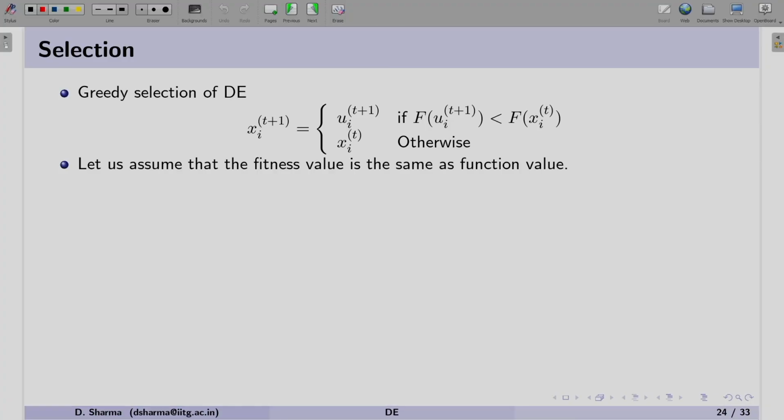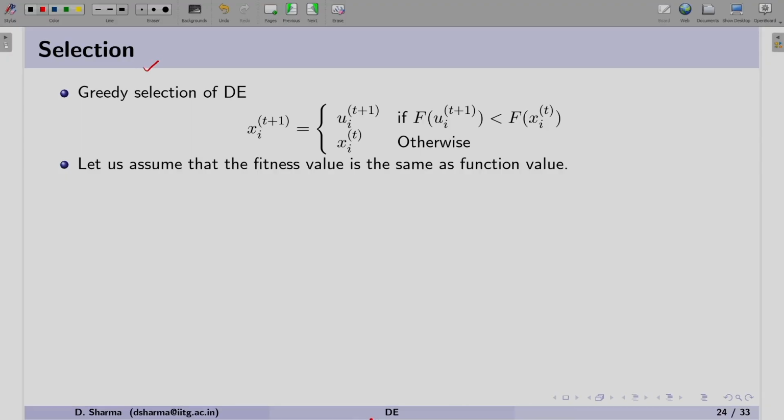Now, we have created a trial vector. So, at this particular stage, we have the target vector as well as the trial vector. Now, we have to choose the best, and therefore, we need a selection.